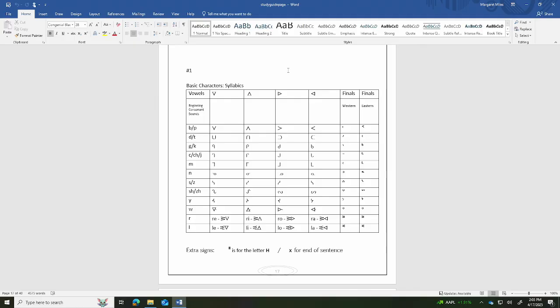The Sh sound, SH and ZH, She, Sho, Sha. And the letter Y, Ye, Yo, Ya. And the W sound, We, Wo, Wa.